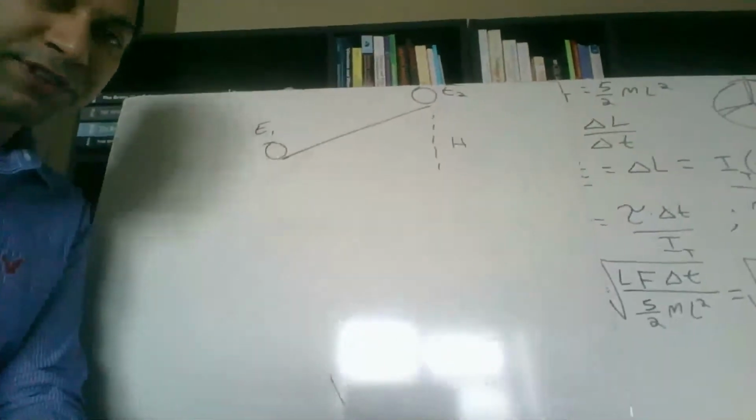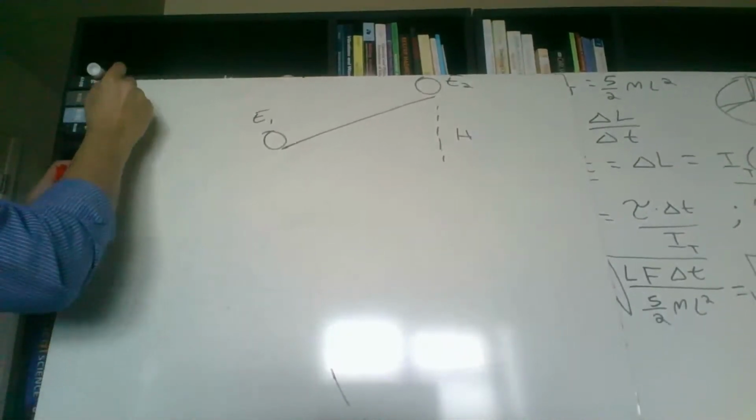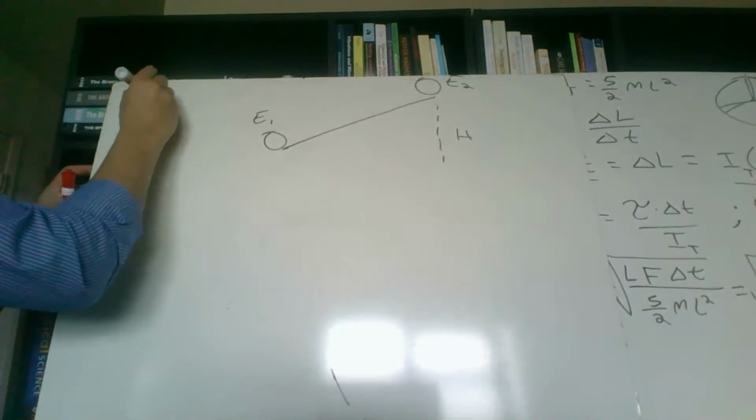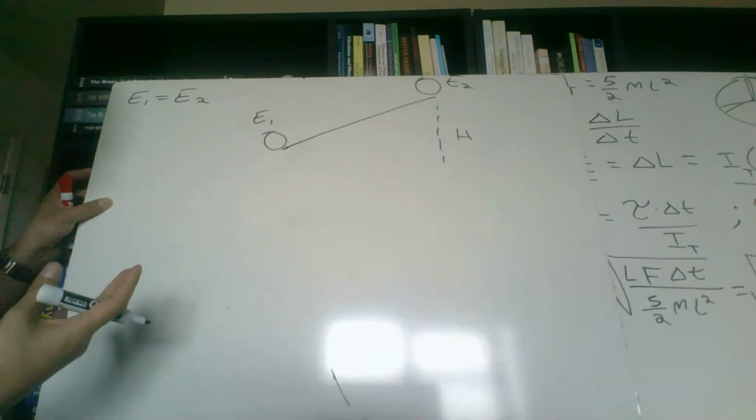So the energy at the bottom is equal to the energy at the top. And so we can start writing down our energy equation. E1 equals E2. And so the energy at the bottom is all kinetic energy.